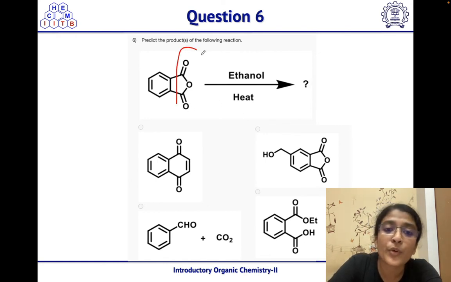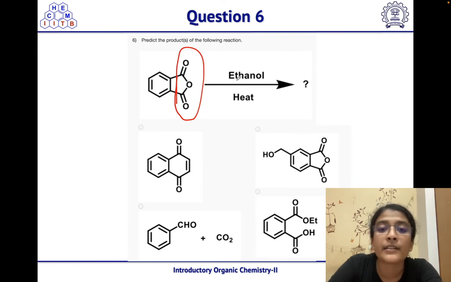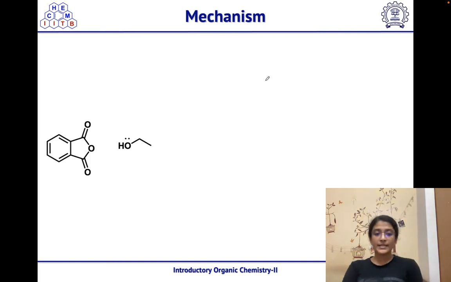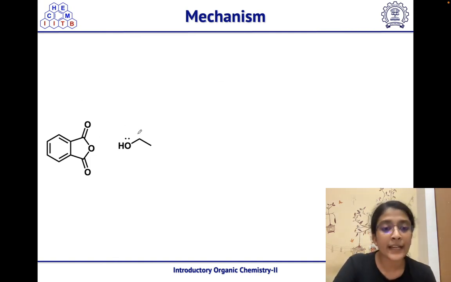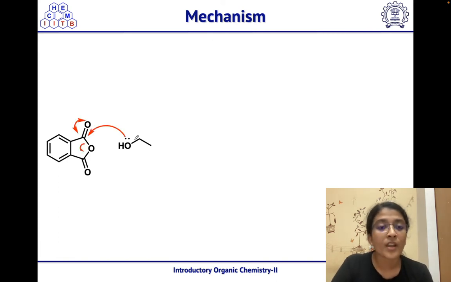So this type of moiety is called anhydride, and anhydride on treatment with alcohol, ethanol is an alcohol, what will be the product that will be formed? So coming to the mechanism, here is the anhydride and the alcohol. Then the alcohol will attack on the carbonyl carbon of this anhydride.